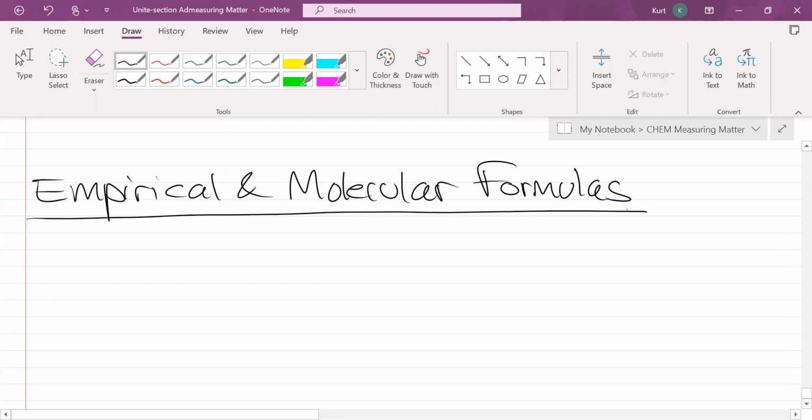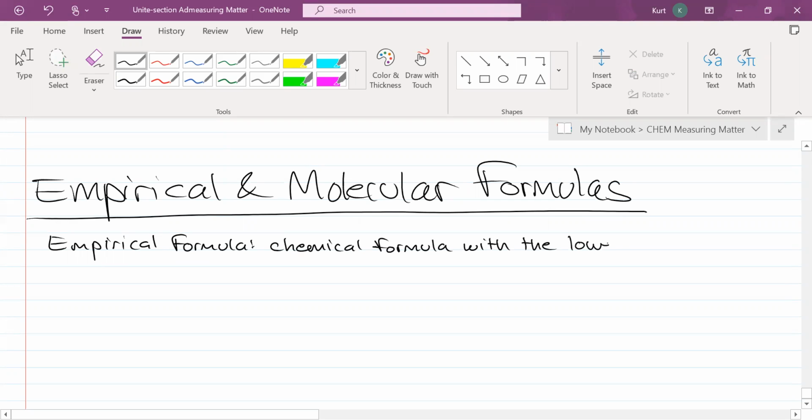Now, for an empirical formula, the difference between the two: an empirical formula is a chemical formula with the lowest whole number ratio.